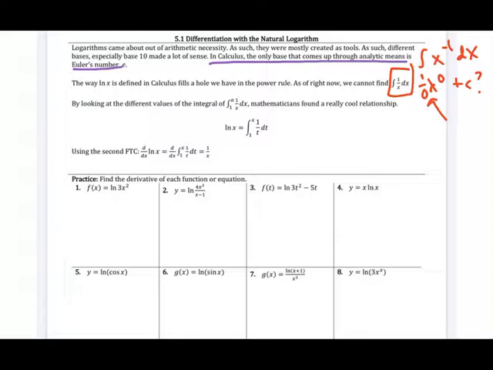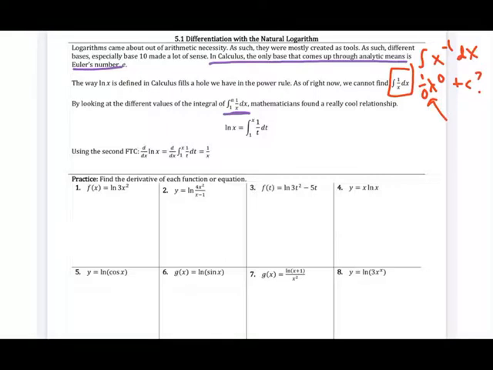So what mathematicians actually did was they looked at the area under the curve of 1 over x from 1 to some value a. So you can literally, and we will in class, graph the integral from 1 to a of 1 over x dx.